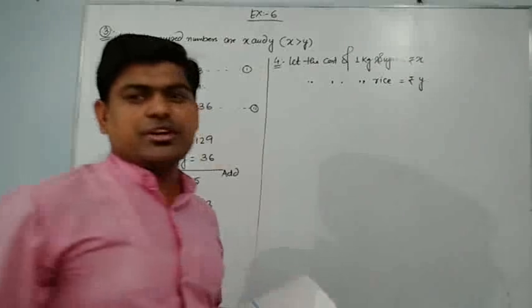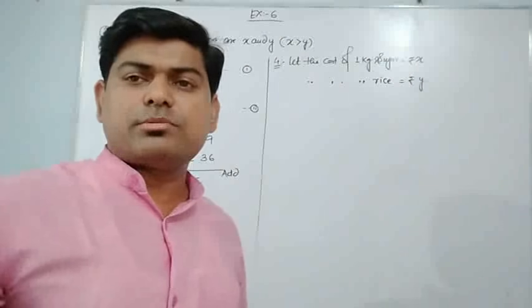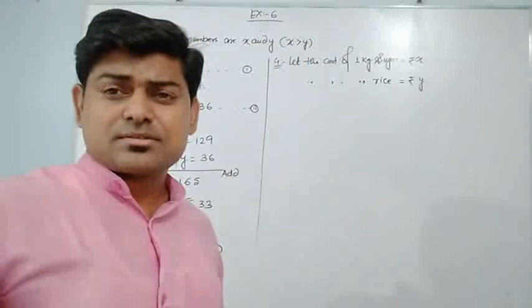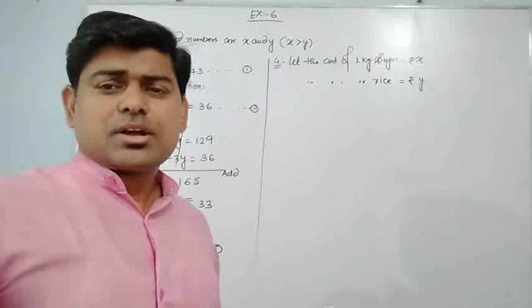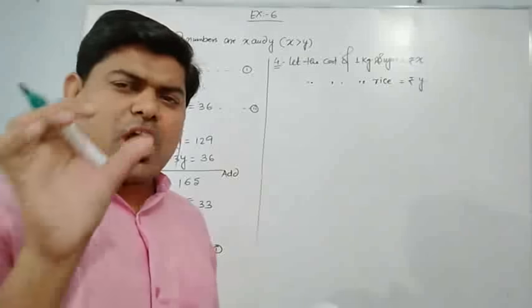Now tell me, my dear students, if the cost of 1 kg sugar is rupees x, then the cost of 5 kg sugar will be what? Definitely 5x. The cost of 7 kg rice will be what? Definitely 7y.